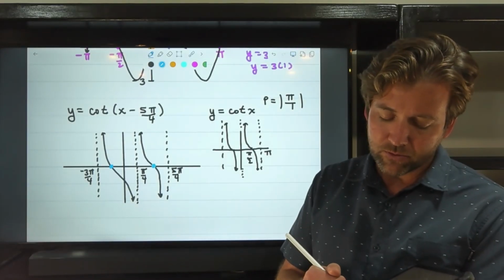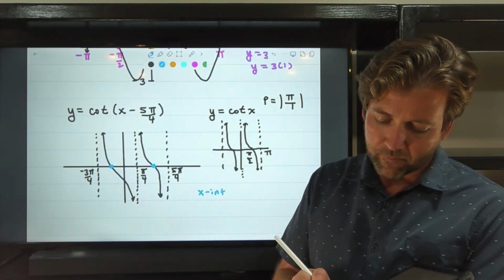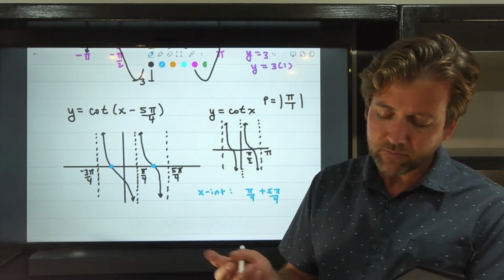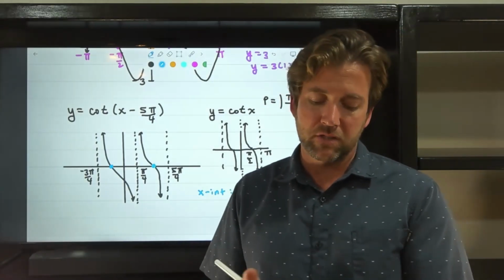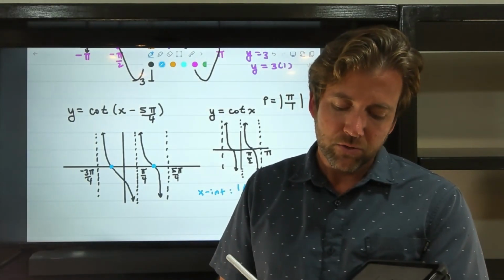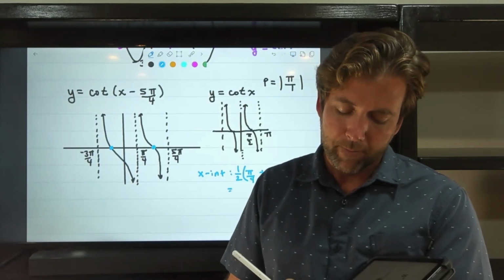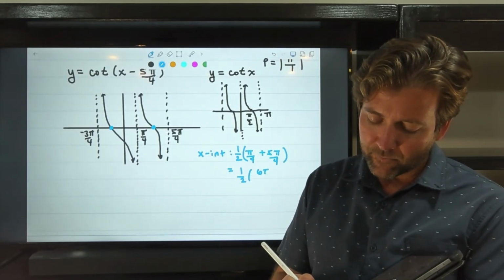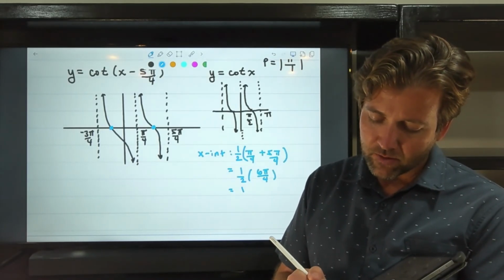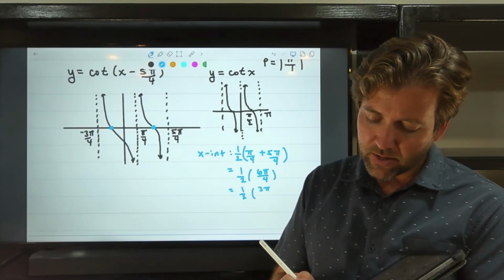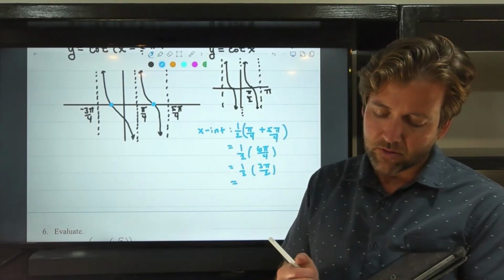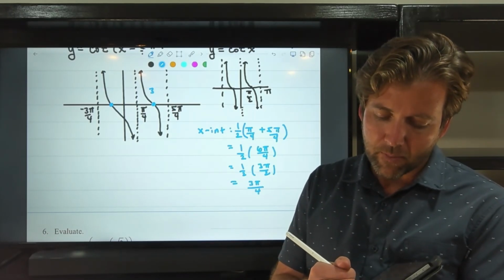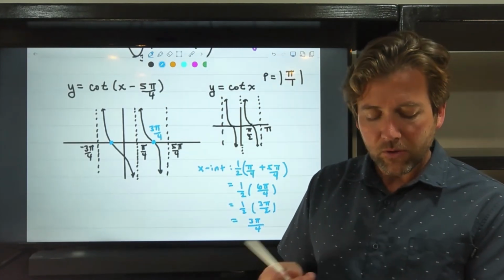So for that point in blue, we're going to take pi over 4 plus 5 pi over 4. That's just the sum of those, so you have to divide by 2, which is the same thing as multiplying by a half. So pi over 4 plus 5 pi over 4 is 6 pi over 4. That reduces to 3 pi over 2. Multiply by 1/2. 3 pi over 2 times a half is 3 pi over 4. Okay.